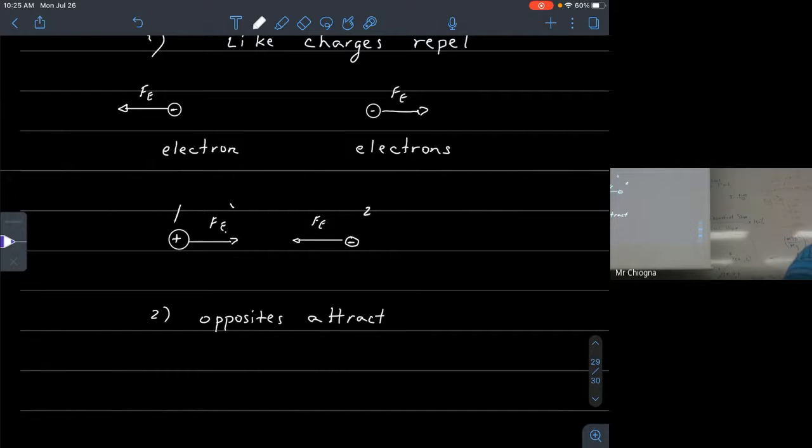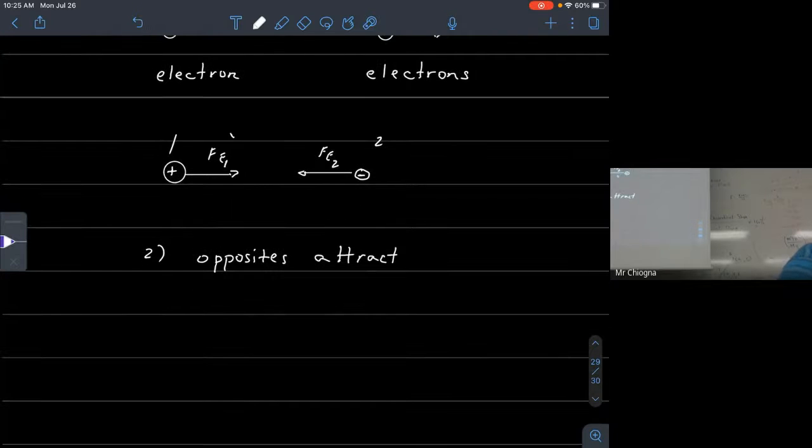This is Fe1, this is Fe2, and the forces are opposite and equal.